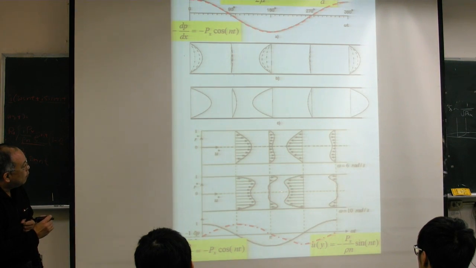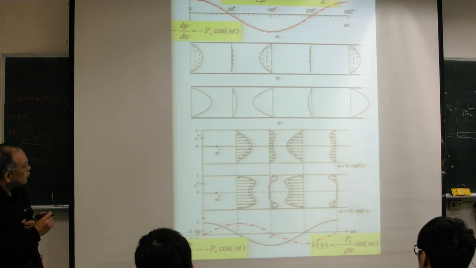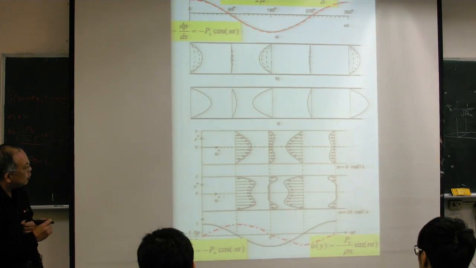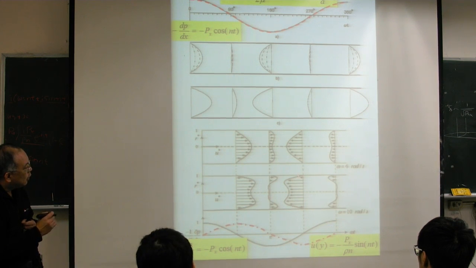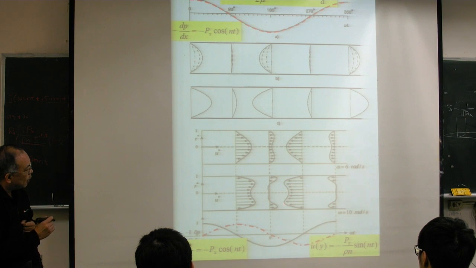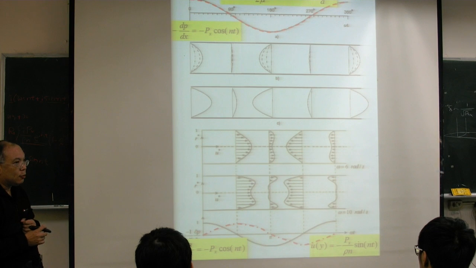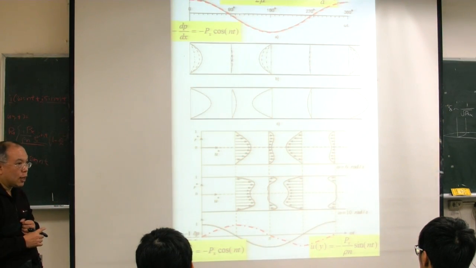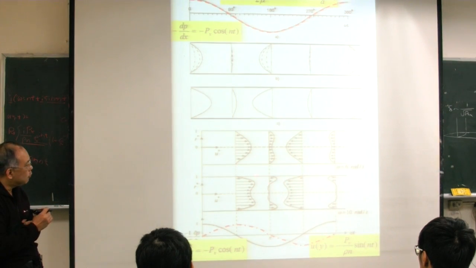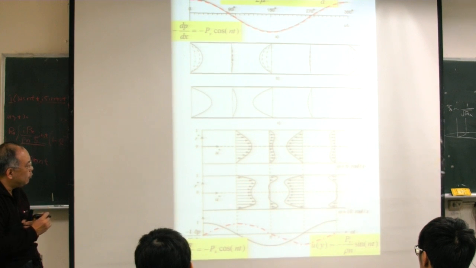However, within the boundary layer region, there is a function of y. This is almost flat, and this is a function of y. So within the boundary layer you have to take additional effects into account. You have to discuss the region near the boundary layer.